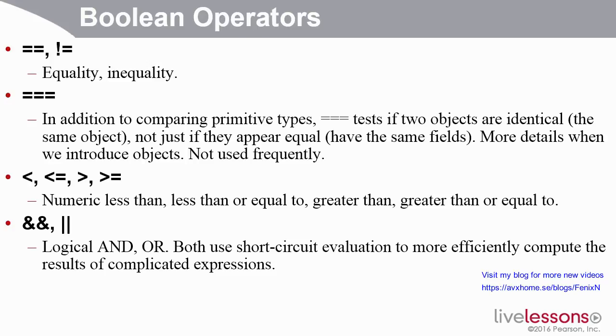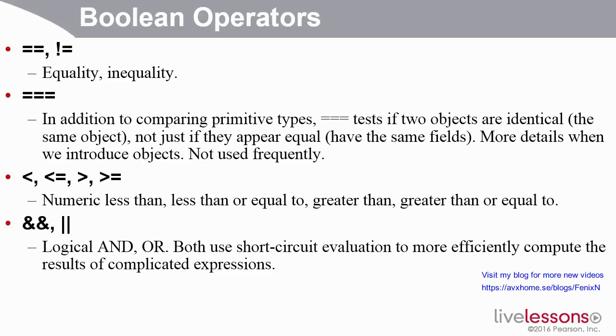For example, if you say if A ampersand B, where A and B are conditions. If A is false, then the result of the whole and is going to be false regardless of what B is, so JavaScript never checks.